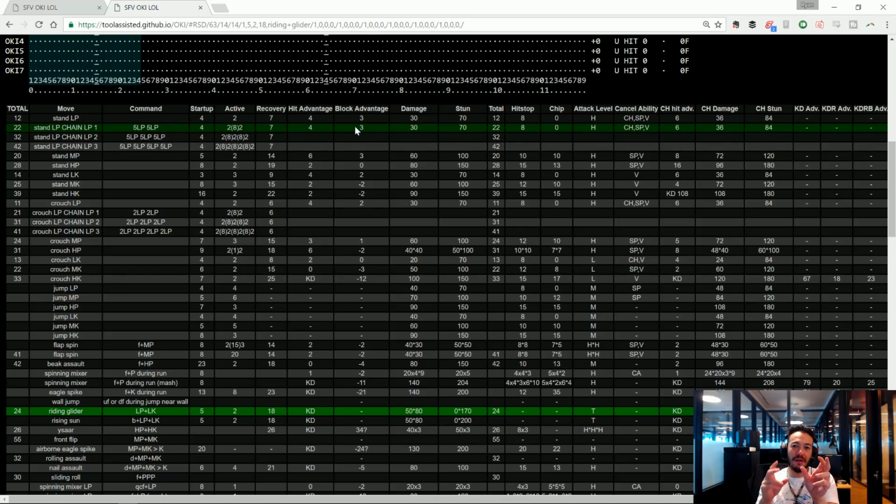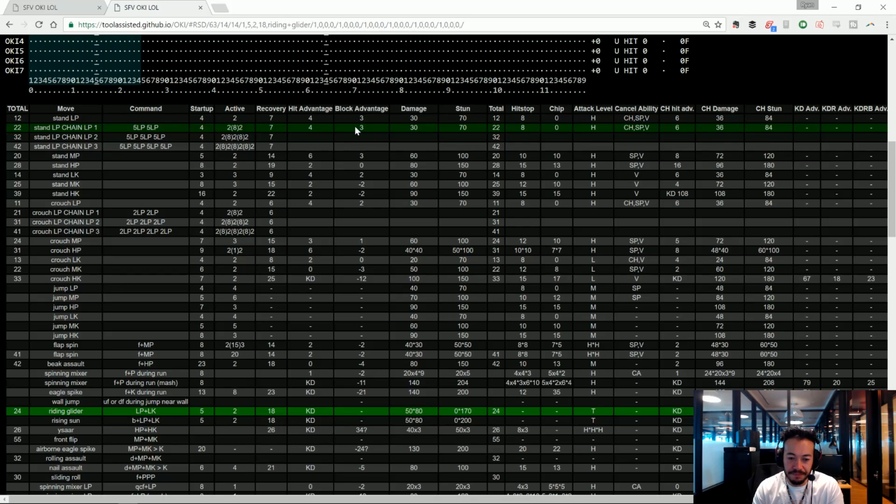If the throw and a normal connect at the same time, the throw is going to win. Essentially, if I do a move that's plus two, then I have a 2 frame head start. So you can hit your 3 frame move, but because I had a 2 frame head start, my throw and your normal collide at the same time, thus the throw wins.